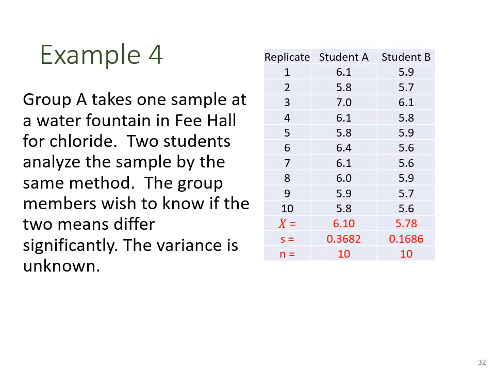The variance is unknown for this method. So the null hypothesis that we're testing is that the means are equal. The alternative is that the means are unequal. Again, we will use an alpha value of 0.05. We're looking at the 95% confidence interval.